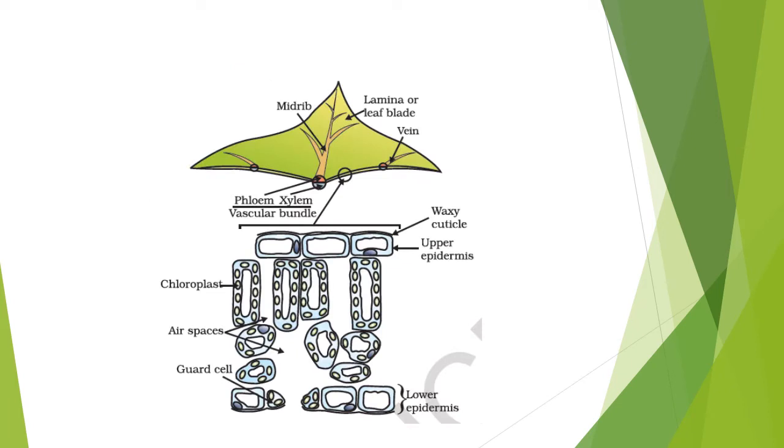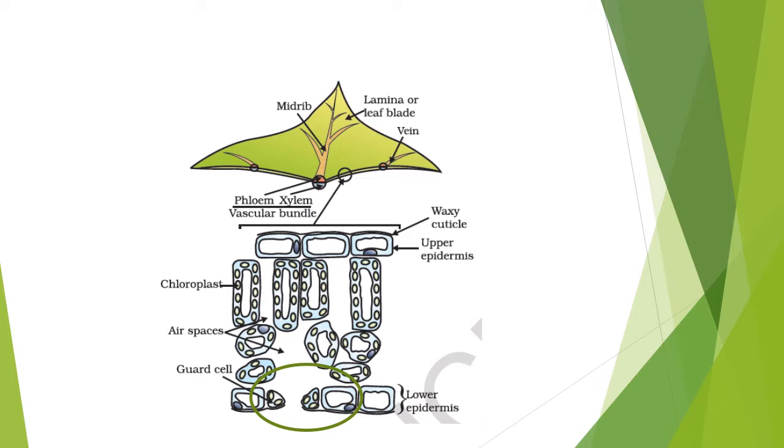This diagram is quite well known to you, as already you have gone through it in class 10. We are focusing here on the stoma part, from where they are taking the air, or the transport is done regarding the air, CO2 and oxygen.